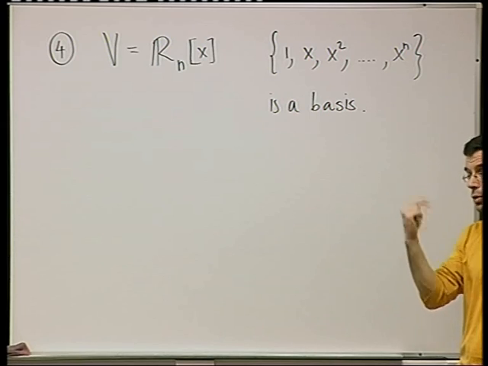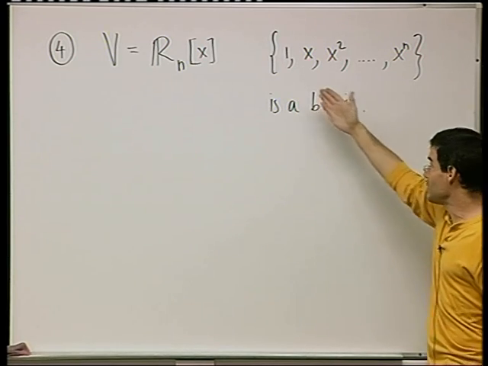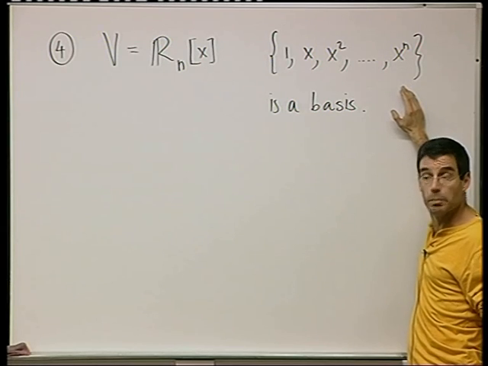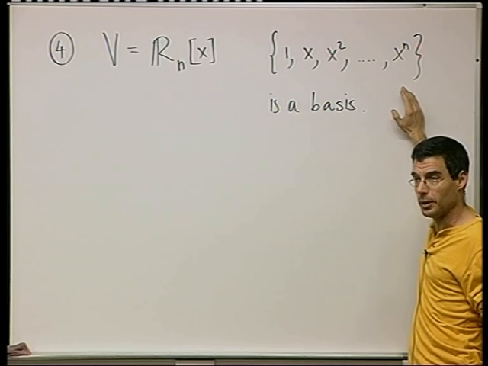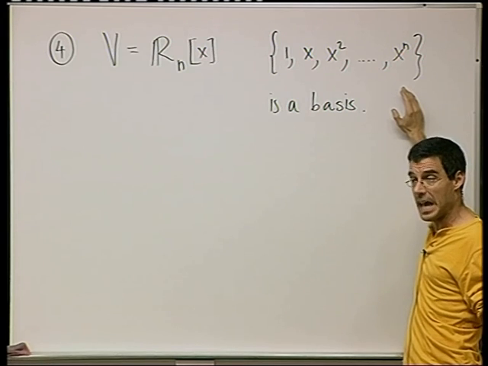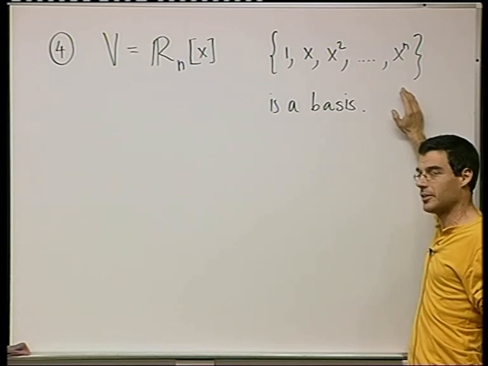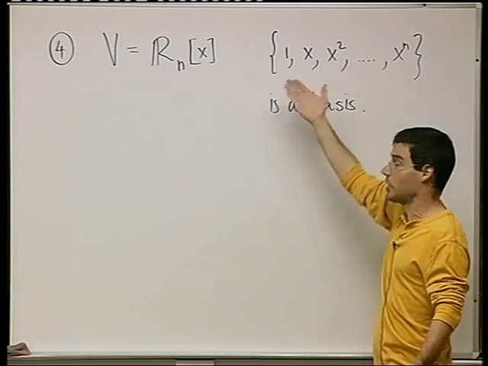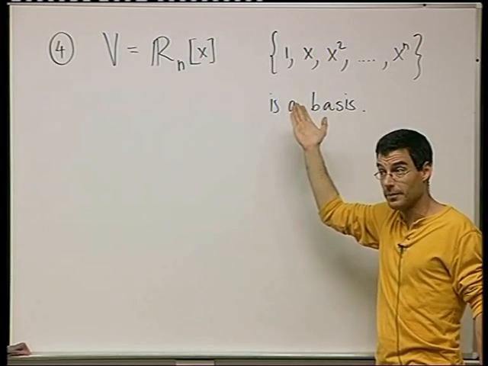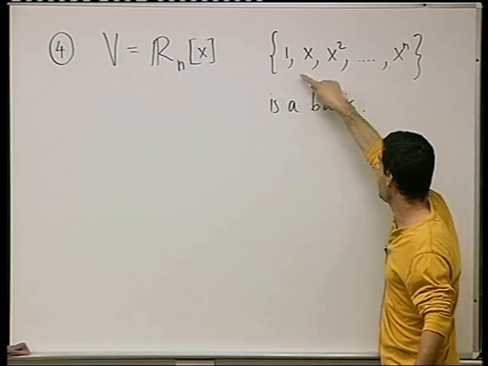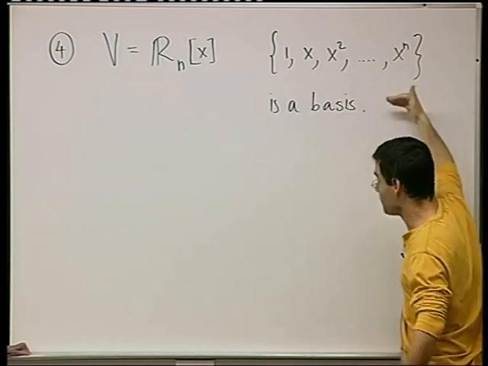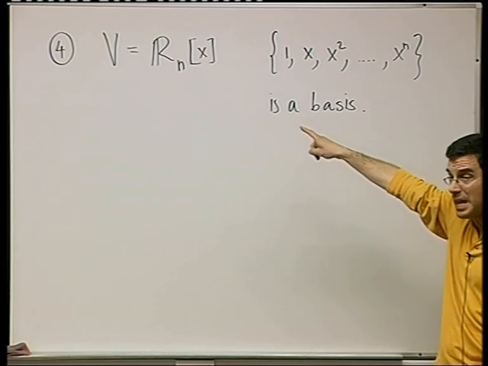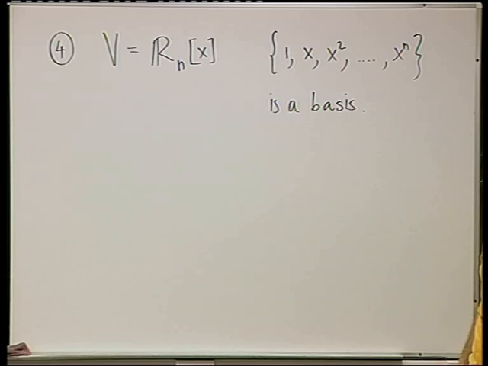Well, you need to show two things. You need to show that this set spans everything. That's completely straightforward, right? If you want the polynomial a_n x to the n plus a_(n-1) x to the n minus 1 and so on, well, just take it. It's a linear combination of these guys. Do you agree? So obviously these polynomials span any polynomial. Any polynomial in this space is a linear combination of these, right?